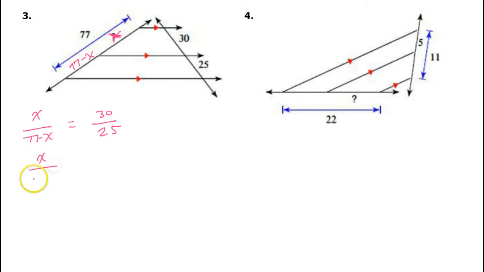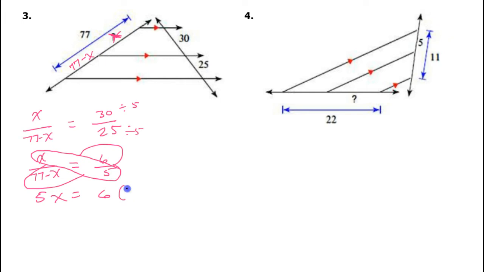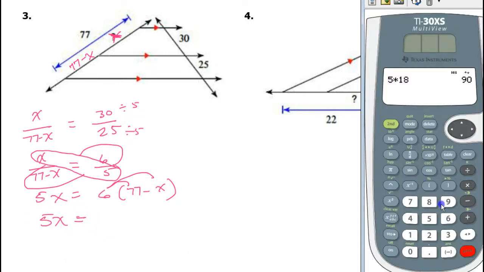So let's reduce at least. I have x over 77 minus x is equal to, both of these are divisible by 5, so that's going to be 6 over 5. Then I will cross multiply. If I multiply along this diagonal, that's going to give me 5x. Looking at the other diagonal, I've got 6 times 77 minus x, and I need to do the distributive property. What is 6 times 77? 462.